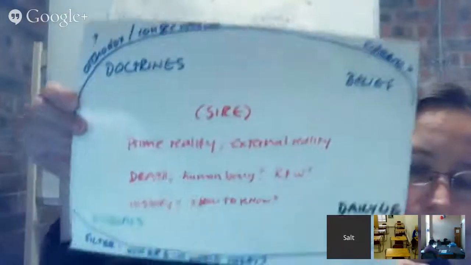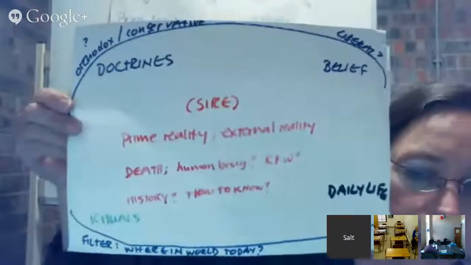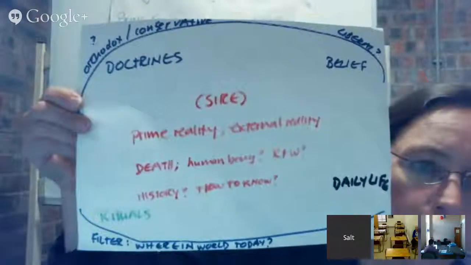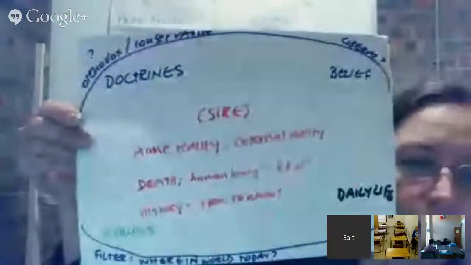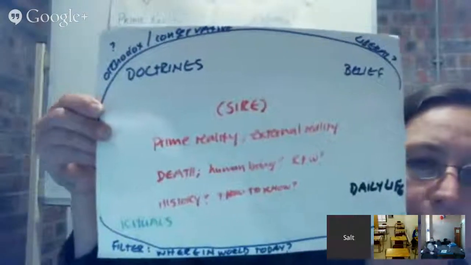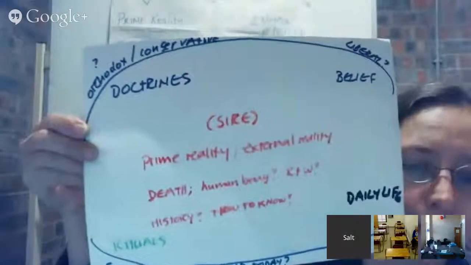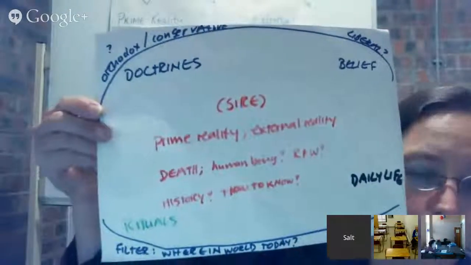Another way of looking at this could be like this. Okay, so you could see this as a worldview map where you have doctrines and belief and so on, and you would make a map according to all the different parts.